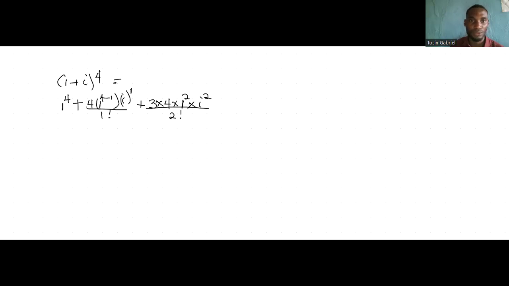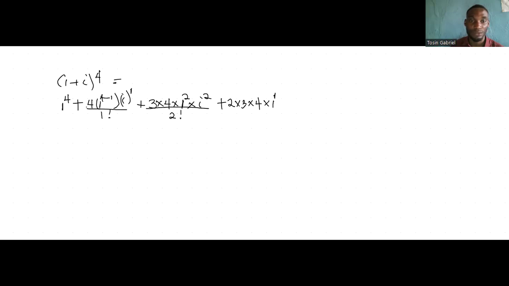Then plus this 2 multiplied by this, which is going to be 2 times 3 times 4 multiplied by 1. This is to the power of 2, you remove 1 from it, so it's going to be 1, and then times i raised to the power of 3.